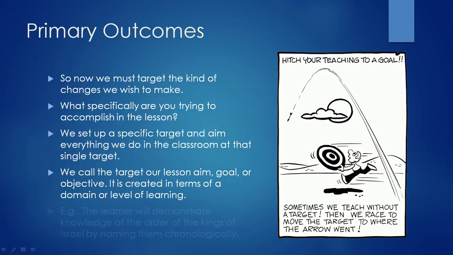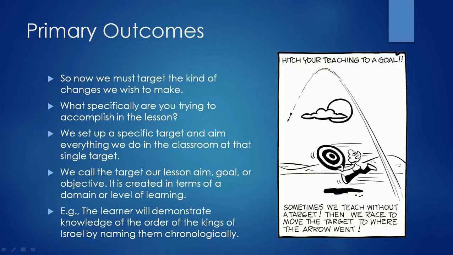So here's an example. Here's a very clear teaching goal. The learner will demonstrate knowledge of the order of the kings of Israel by naming them chronologically. So in this lesson, I want my students to have knowledge, the lowest level of the cognitive domain. I want them to know and be able to recite the order of the kings of Israel.